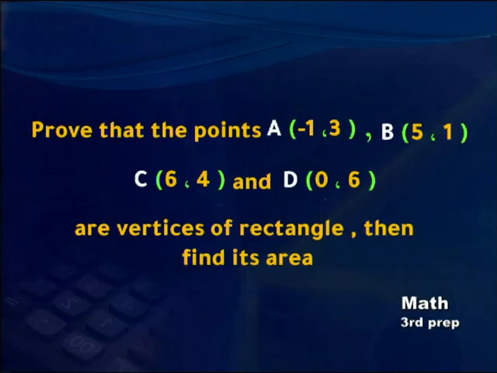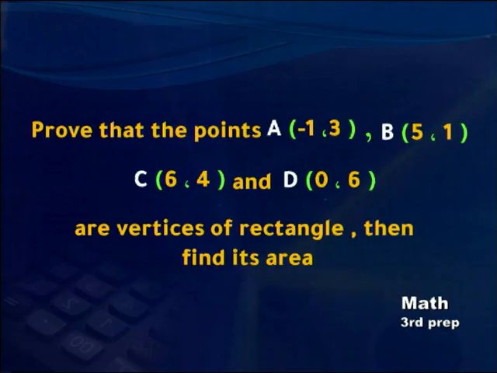Then find its area. First of all, to prove that the figure is a rectangle, you can find the length of its 4 sides. If each two opposite sides are equal in length, then the figure is a parallelogram, and try to find a modification to prove that it is a rectangle.